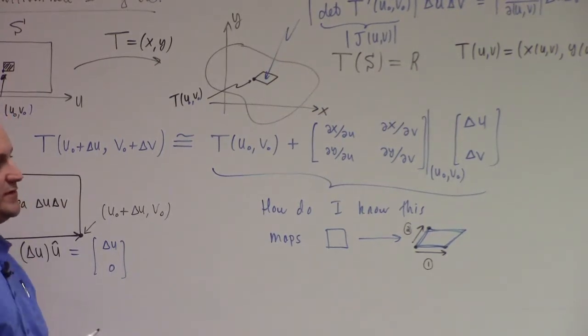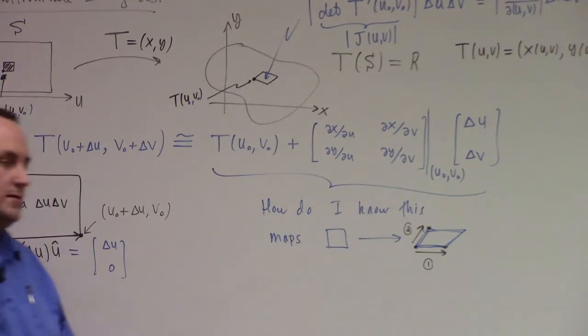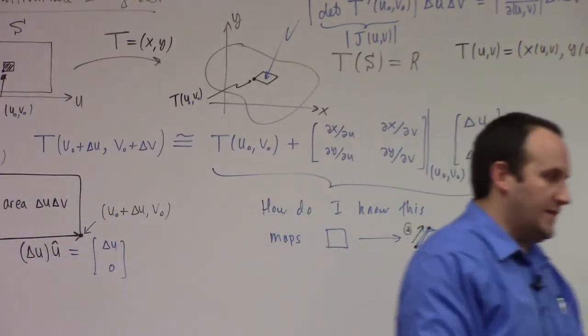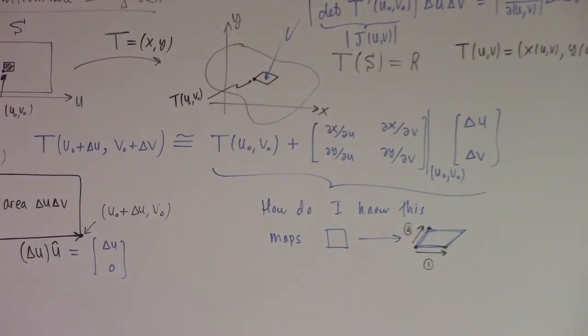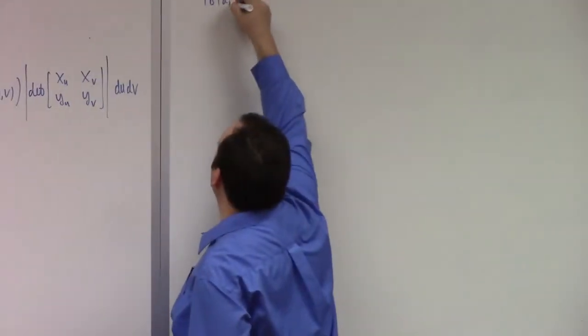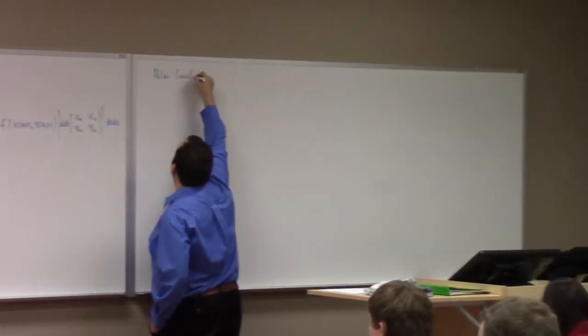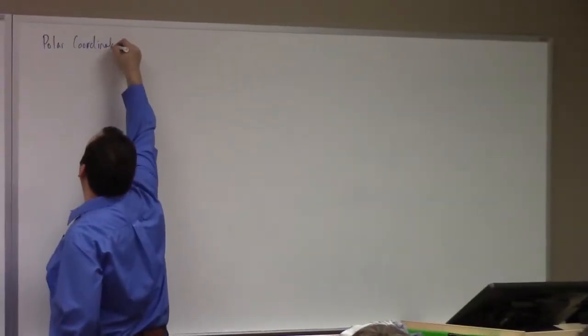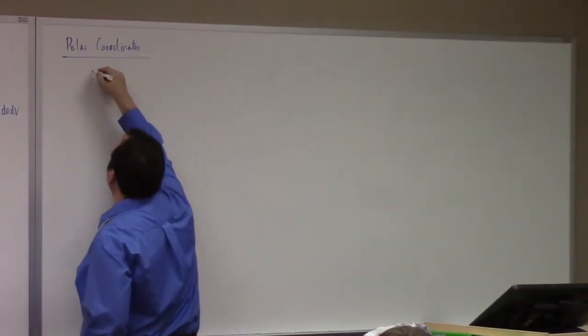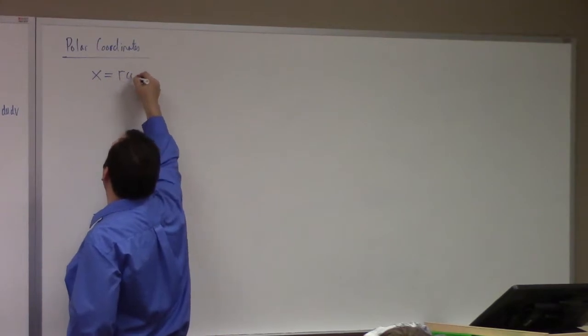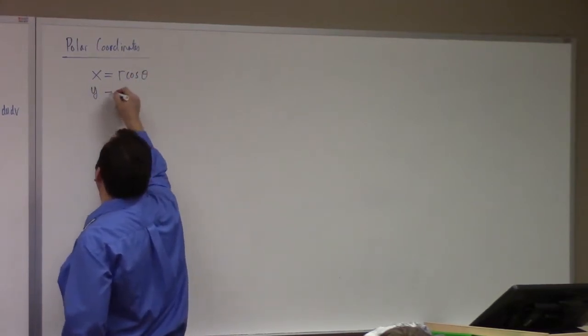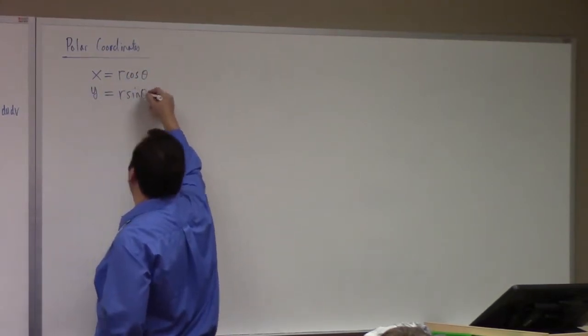So u-substitution is a little bit more complicated here, but when we actually do it, it's not that hard. Let me show you how this actually fleshes out. So I did polar coordinates last time, right? So how do polar coordinates go? We have x is equal to r cosine theta, y is equal to r sine theta.